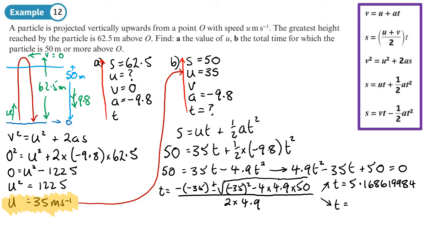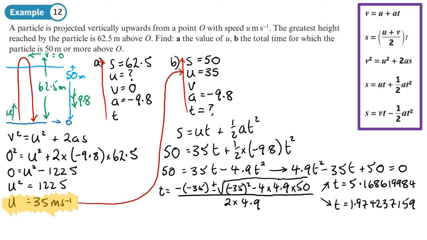Change my plus to a minus, I'll get 25 minus 5 root 5 over 7, and that is 1.974237159. So this time is the time where the particle is here, and this time is where the particle is here. So the time above 50 meters is going to be the difference between these two. That's why I wrote out the full numbers, because I want to find the difference between the full numbers.